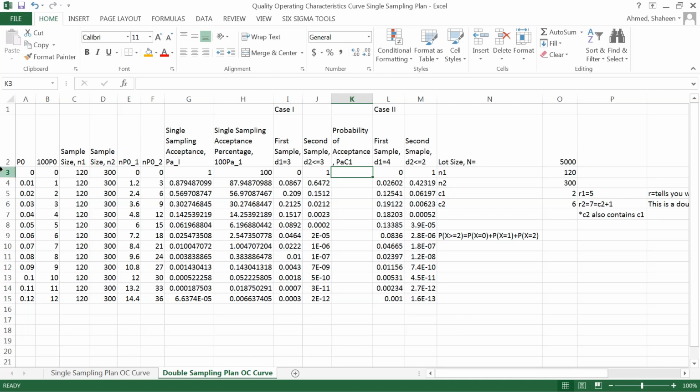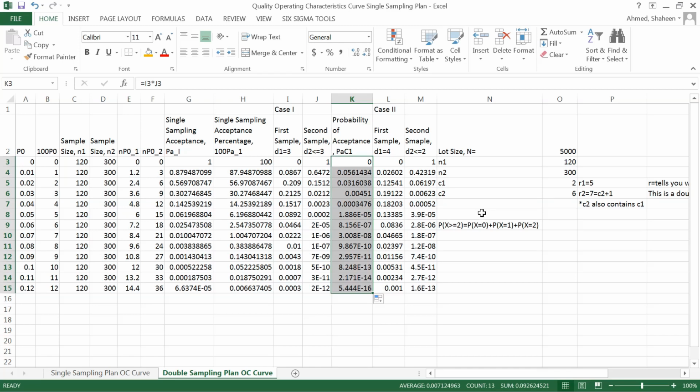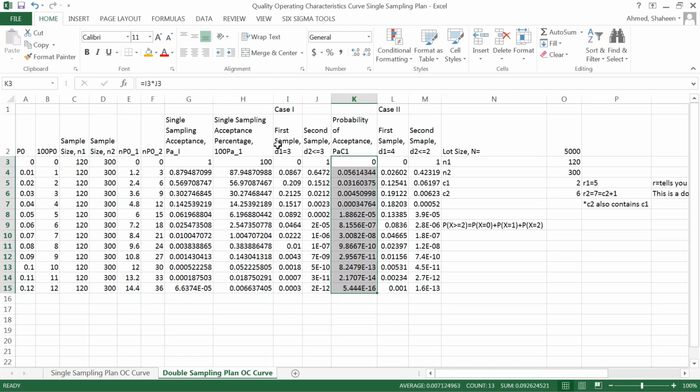So the probability of case 1, basically, if we get 3 defective in the first sample and this defective in the second sample, then, in the language of probability, if this and this have to happen, then you multiply them like that. If 2 conditions have to be satisfied, then you multiply the 2 conditions' probabilities to get the final probability.